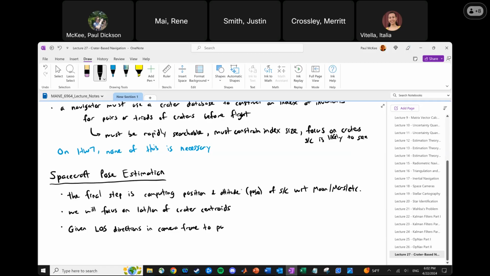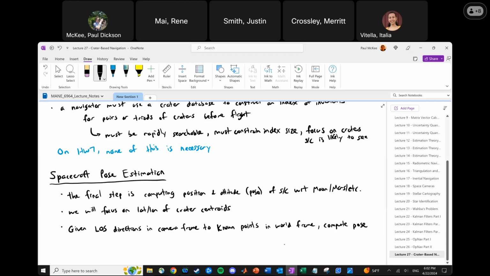Given line of sight directions in the camera frame to known points in the world frame, compute the camera pose, position, and attitude. That's the problem that we're left with here.